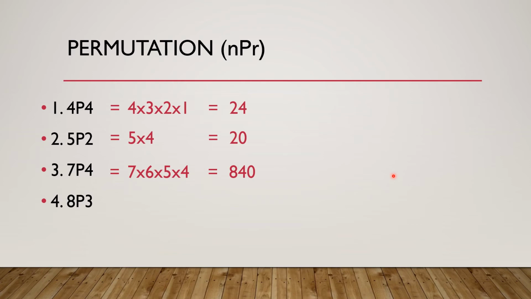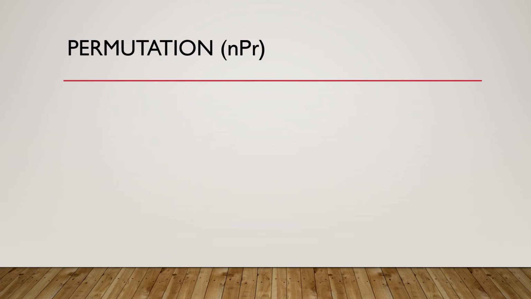For 8 taken 3, this is quite clear now. 8 taken 3 is 8 times 7 times 6, because we are going to use only 3 at a time. So 8 times 7 times 6 is equal to 336. Okay, next.